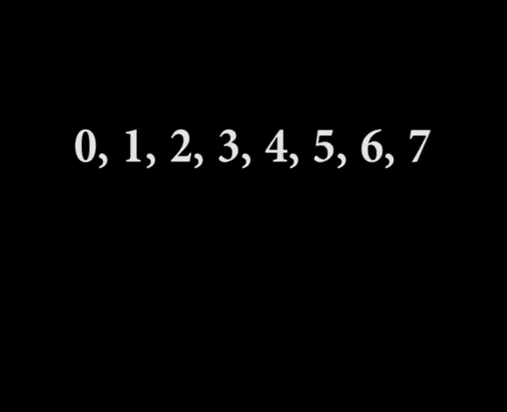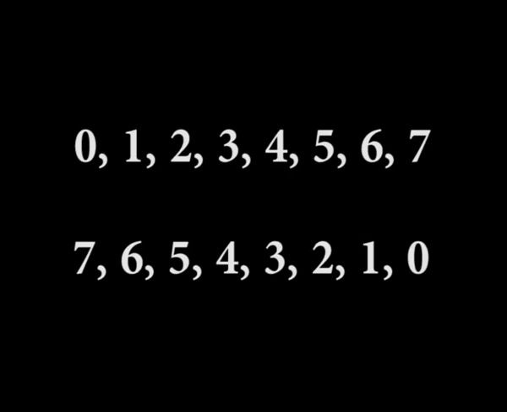A 3-bit binary counter that advances upward through its sequence, that is 0, 1, 2, 3, 4, 5, 6, 7, and then can be reversed so that it goes through the sequence in the opposite direction, that is 7, 6, 5, 4, 3, 2, 1, 0, is an illustration of up-down sequential operation.